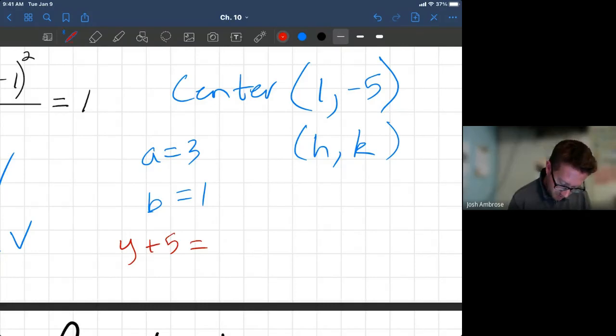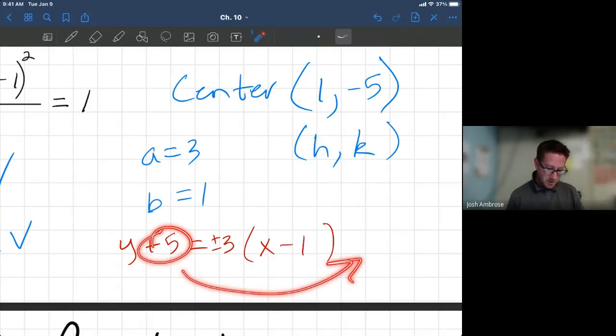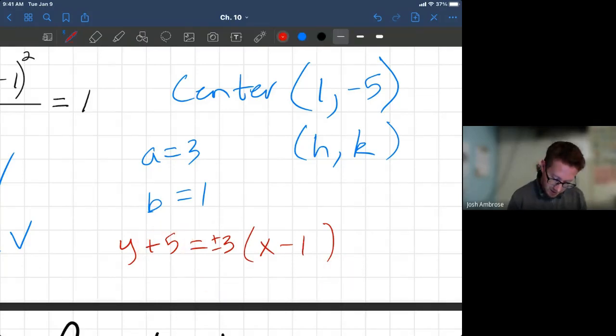So a over b means really we're dealing with a plus or minus 3. And then parentheses in here, x minus h. x minus, and what is h? 1. All right, now we're almost done because we just have to take this and bring it over to the other side, which is going to make it become a negative 5.